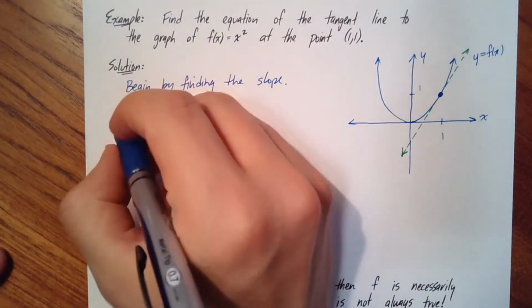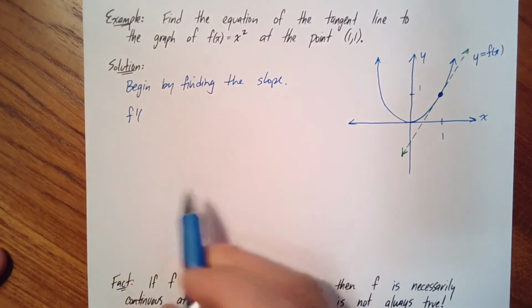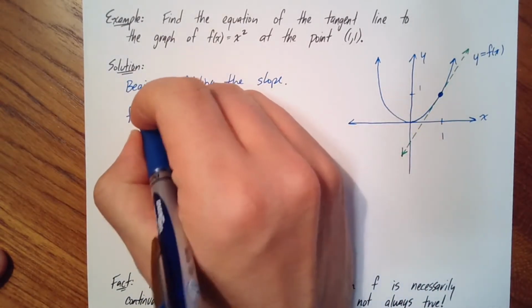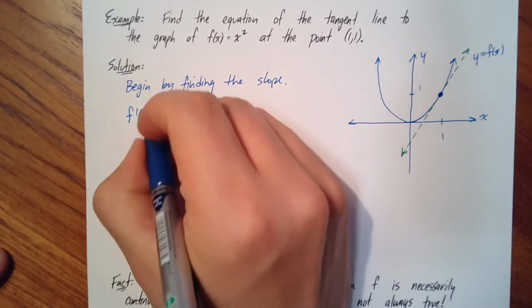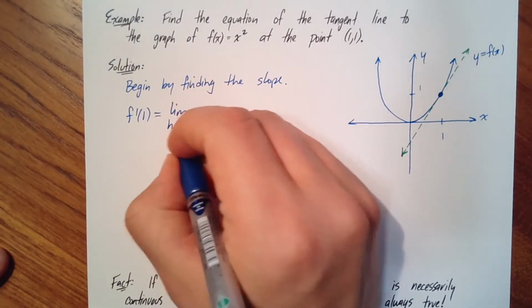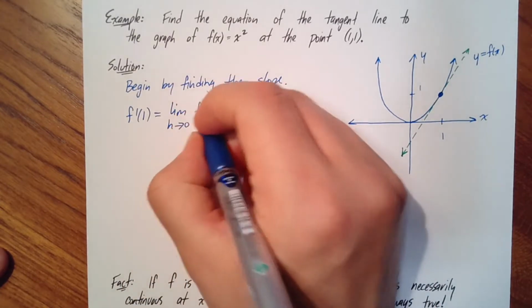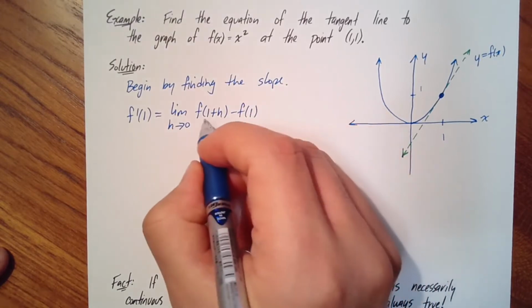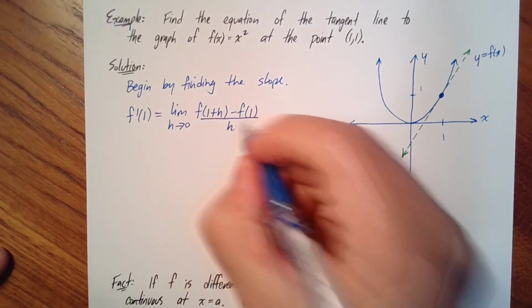Okay, so we'll take f prime, and then whatever you put here is going to be the x-coordinate of that point. So we want f prime of 1. Okay, so, well, start in the same way. The limit as h goes to 0 of f of 1 plus h minus f of 1 all over h.